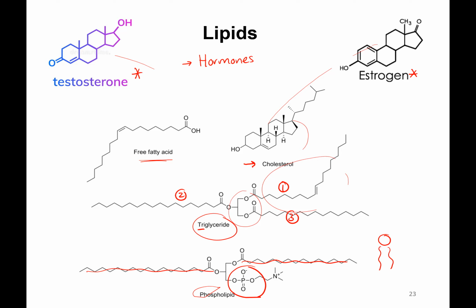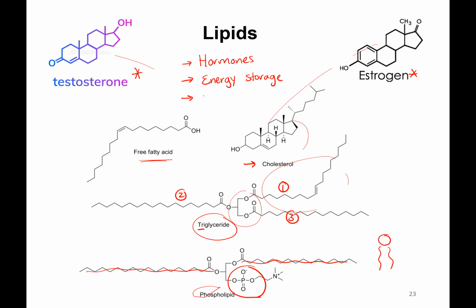What are all these lipids for? We've talked about hormones. Hormones are important signaling molecules. Triglycerides and other types of lipids are great for energy storage. Many of us have a little too much lipid energy storage.